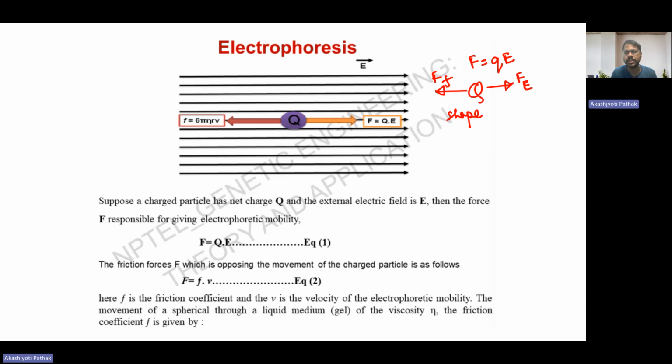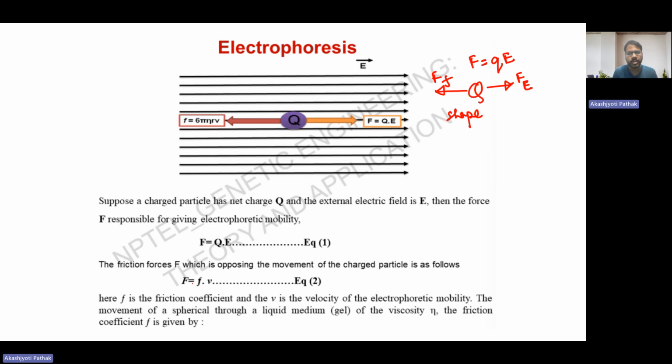So it will act in the opposite direction. These two forces will balance each other when your charged particle moves through the gel, and the charged particle will migrate depending on these two forces.